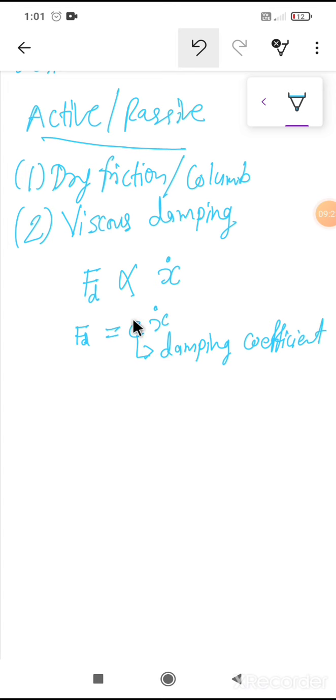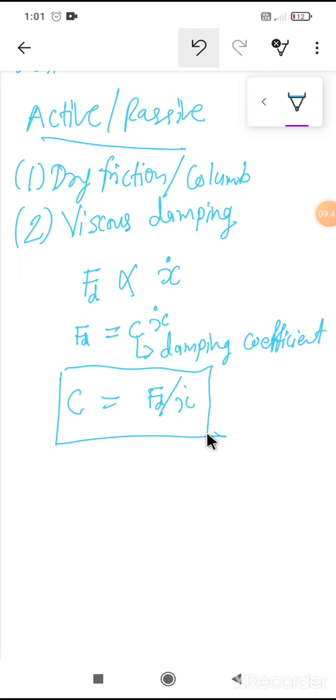If I have to define this damping coefficient C, it will be C equal to FD by x dot. So the damping coefficient can be defined as the ratio of damping force per unit velocity. This is a very important equation which we will use again and again in further study.